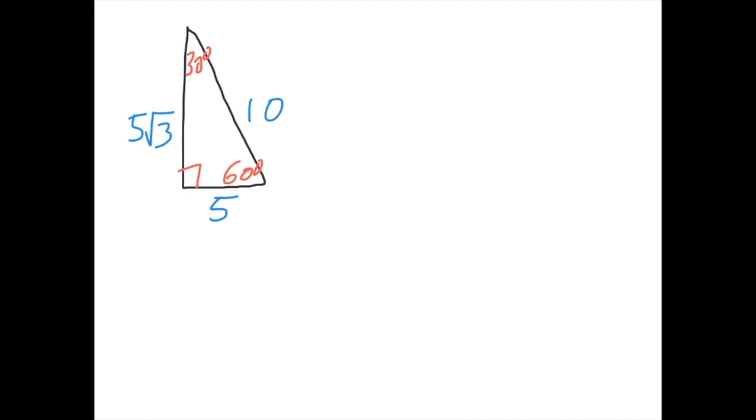Easy enough, right? Let's say we have another 30, 60, 90 triangle, but this time I give you the measurement of the hypotenuse. In that case, it's going to be 12. So the hypotenuse is 12. Then we have to get back to the short leg before we can do anything else. Everything revolves around the short leg.